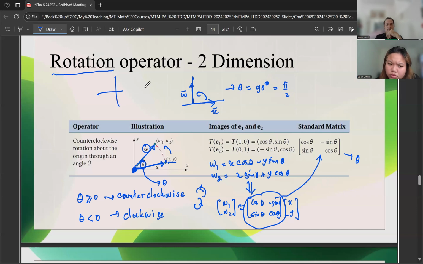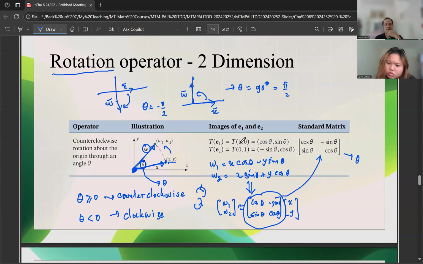But if we have it like this, this is X and this is W here, the rotation will be clockwise like this. In this case, theta must be minus pi over 2.